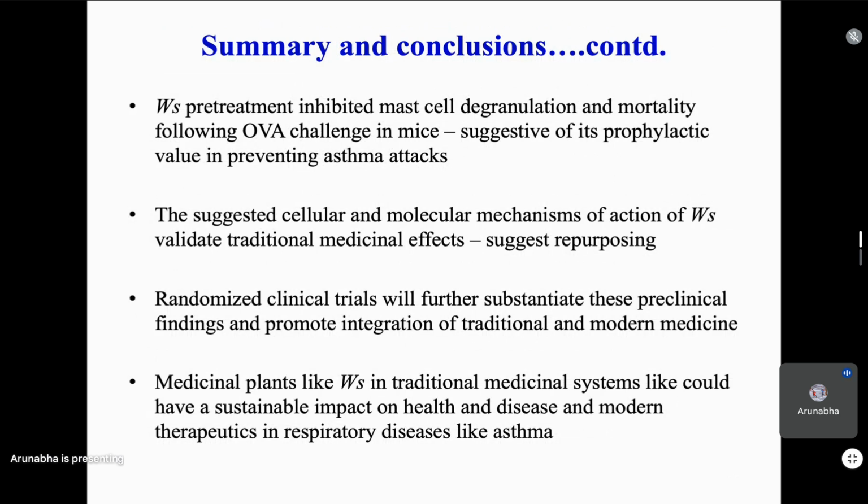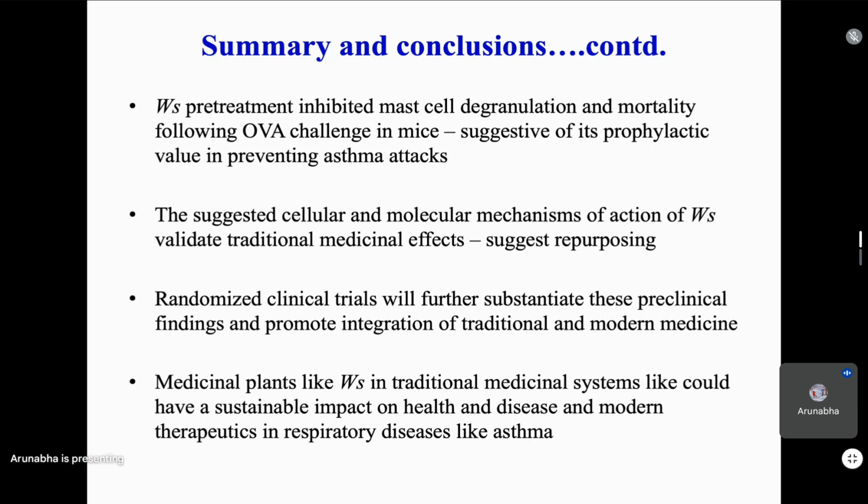Mast cell degranulation and mortality following ovalbumin challenge in mice was reduced by Withania somnifera, suggestive of its prophylactic value in preventing asthma attacks. The suggested cellular and molecular mechanisms of action of Withania somnifera validate the traditional medicinal effects and strongly suggest that Withania somnifera can be repurposed for use in bronchial asthma.